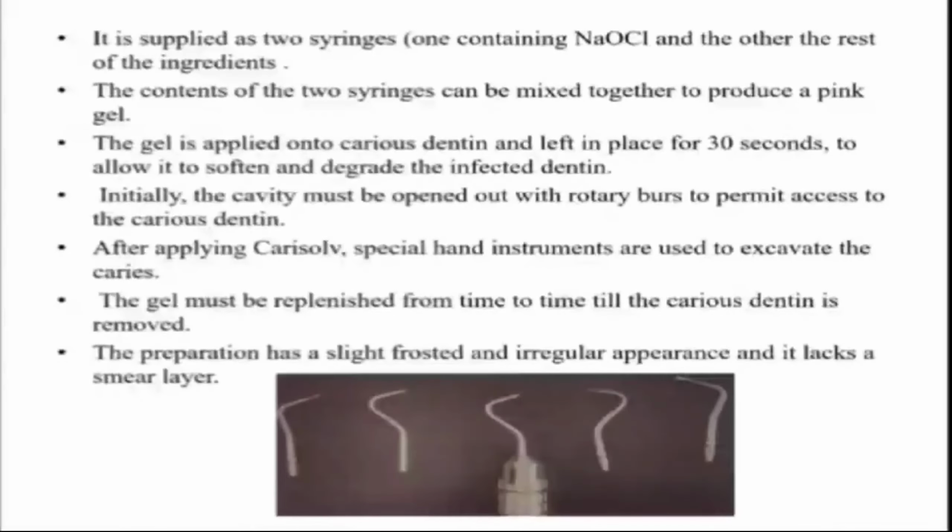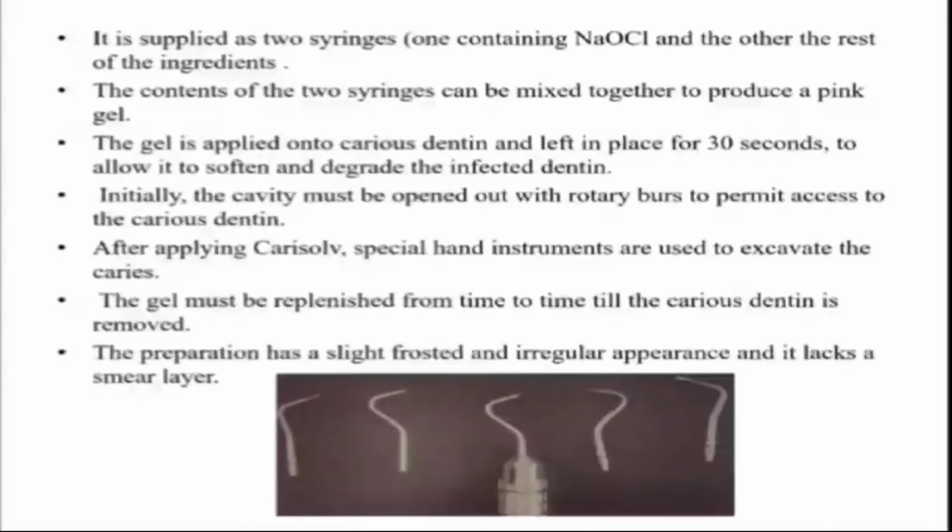Next one is the management. The common management is the drainage of the abscess, which is initiated as soon as possible, and it also includes non-surgical endodontic treatment, incision and drainage, and also extraction of the tooth. In case of localized infection, systemic antibiotics can be provided, but they are of no additional benefit.